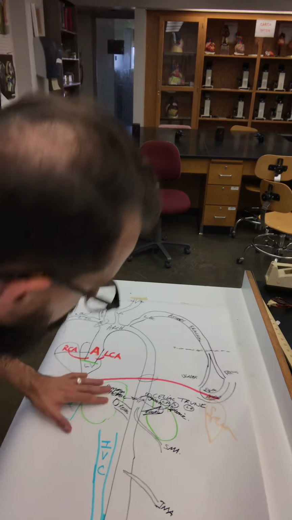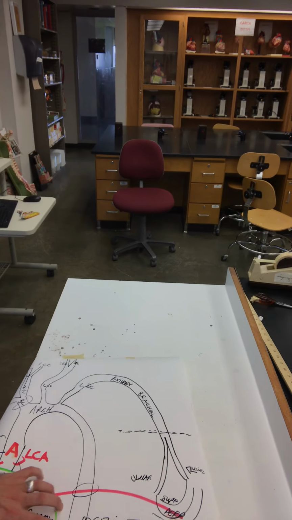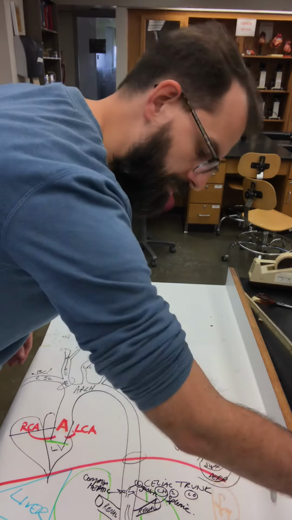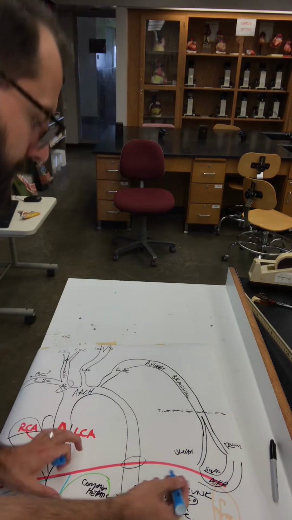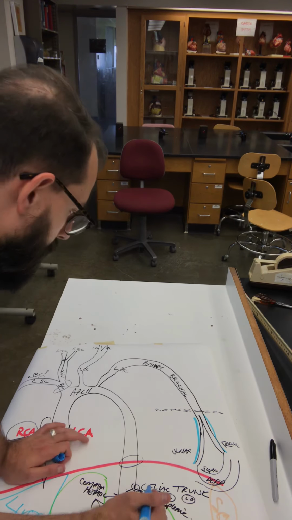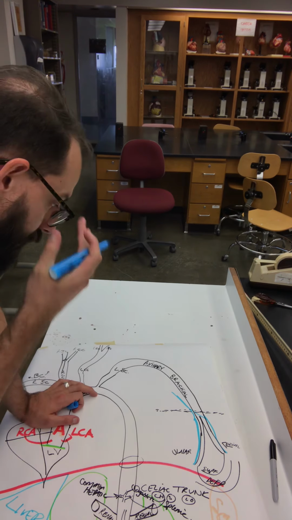If we come up and look at the upper extremity, okay, there are veins that travel along with these arteries just the same. Okay, there's a radial vein, an ulnar vein.